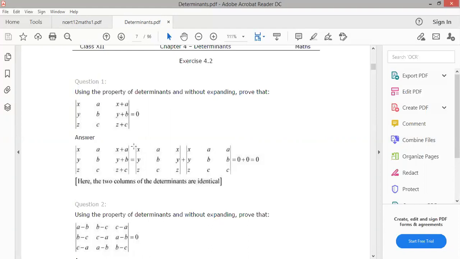So we have written it like this. So we actually break the determinant into two determinants.